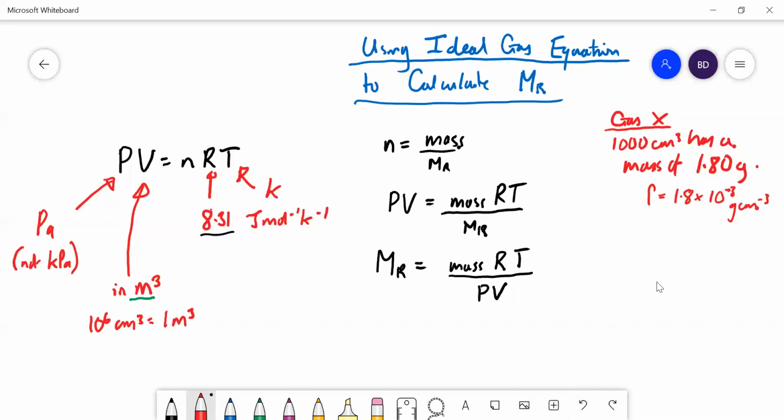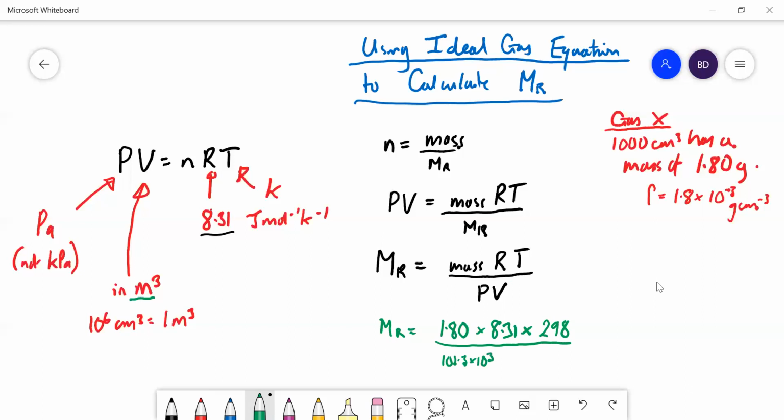Okay, so let's find out what this gas is then. Let's find out the Mr and put the numbers in. Mr is equal to 1.8 grams times 8.31 times 298 Kelvin, we'll say, standard temperature and pressure, divided by 101.3 times 10 to the 3 pascals.